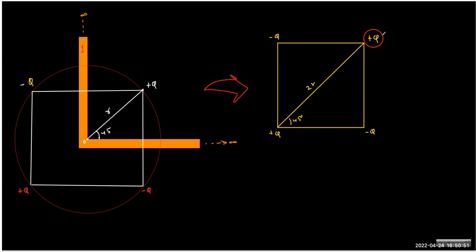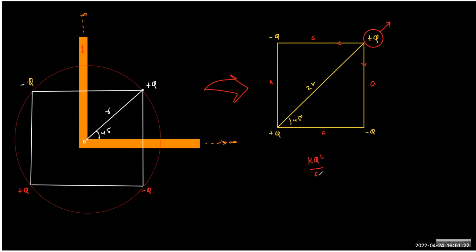Sir, kQ square by R square into 1 by 4 plus 1 by root 2, sir. Yeah, let me check. Attraction, repulsion, right? All right. So minus, yeah, 1 by root 2. So kQ square by, let's call it a as of now. We can substitute it.